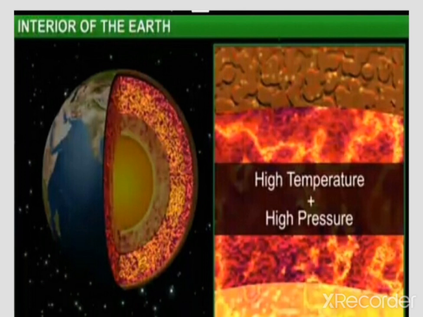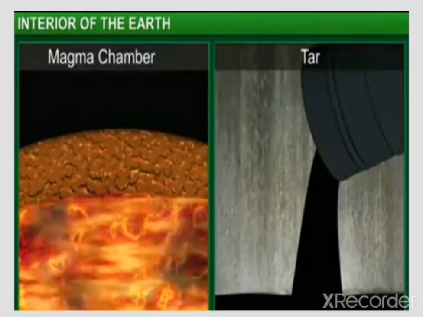Cleared everyone? So this is the second layer in the interior of earth. Got it? And it plays a very important role, as from this layer the magma comes out on the surface of the earth in the form of volcanic eruption, and when the magma cools down, different types of landforms are formed on the surface of the earth. Some plateaus are formed, some mountains are formed.